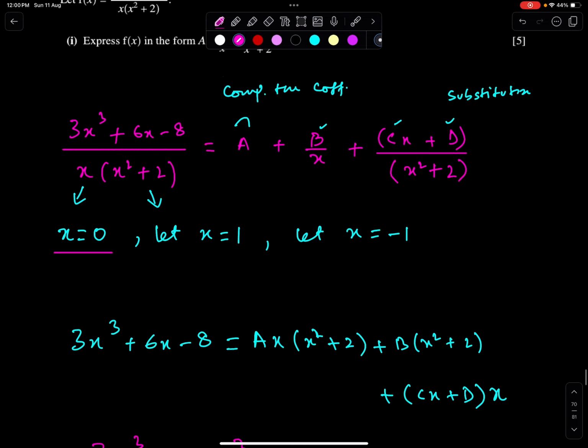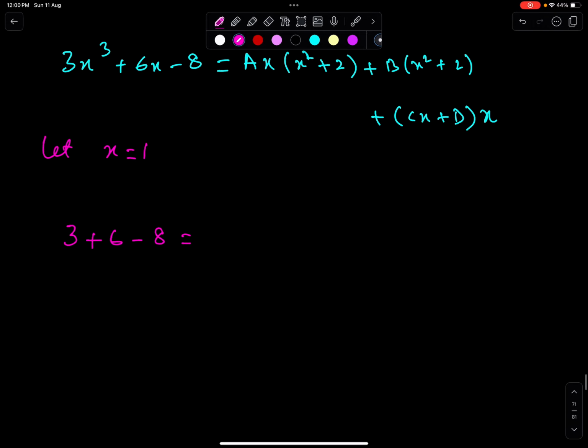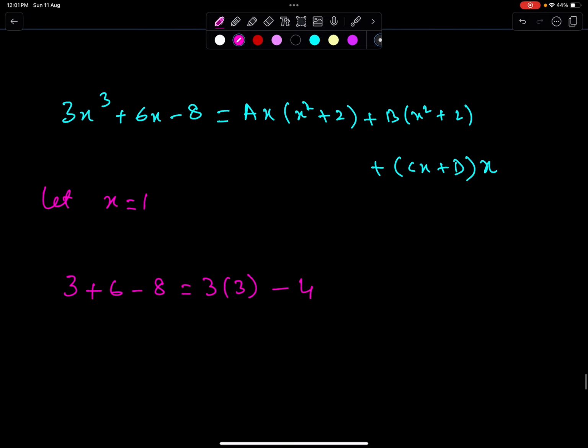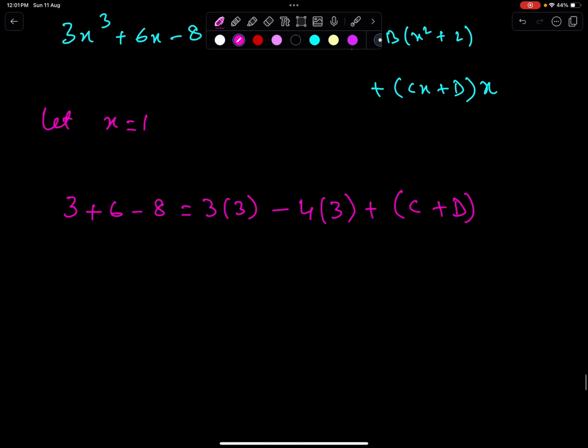A was 3 times 3, and b is minus 4 times 3. C times 1 makes c plus d times 1, so c plus d. Now this will become 1 and this will become minus 3, c plus d. So c plus d is positive 4, sorry.